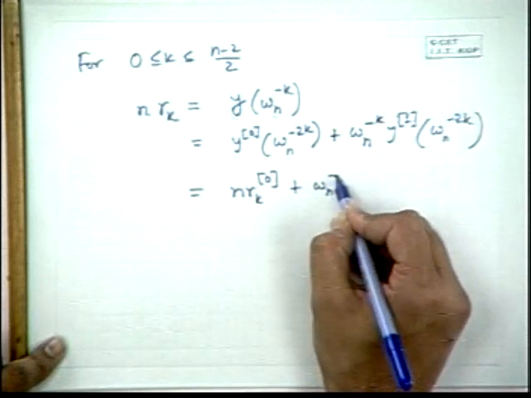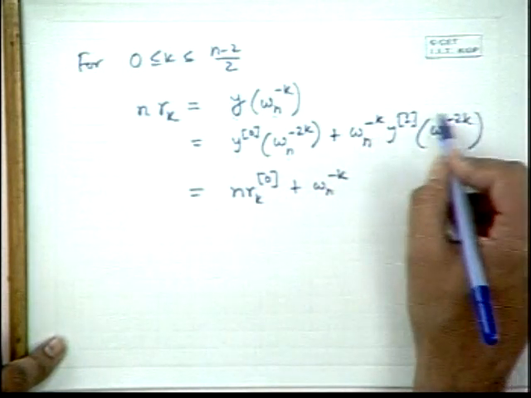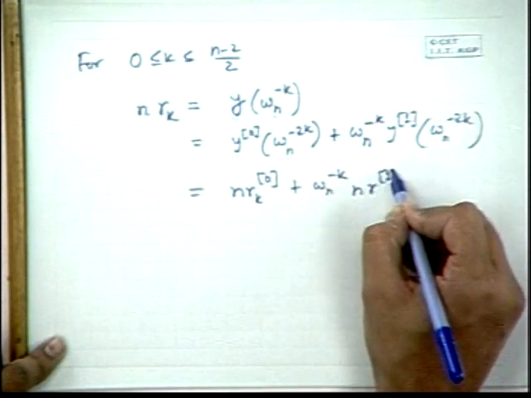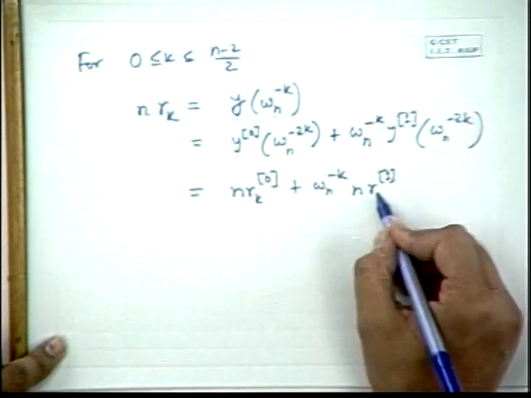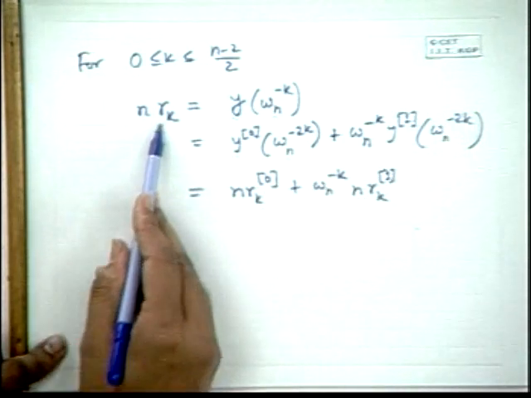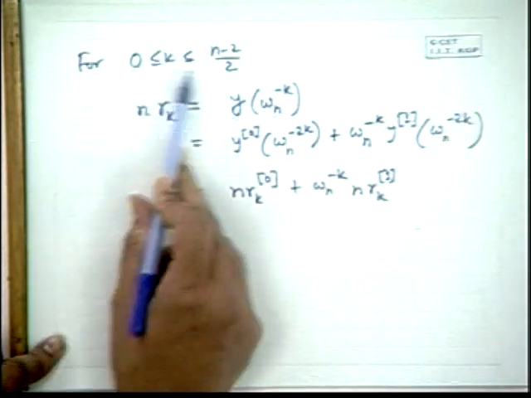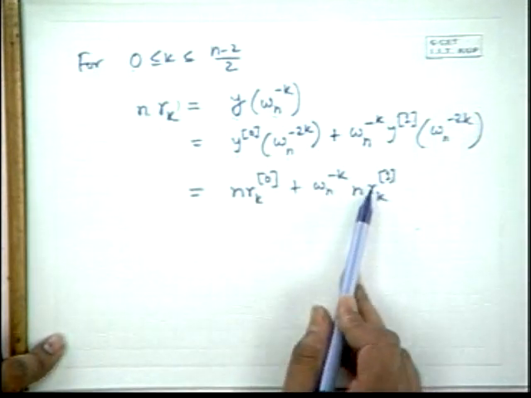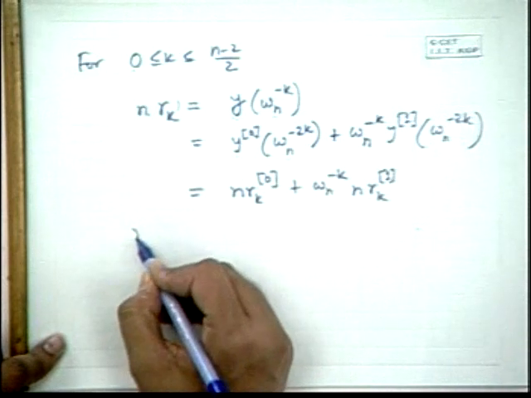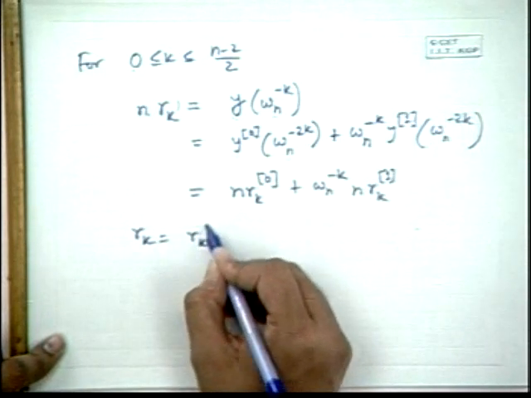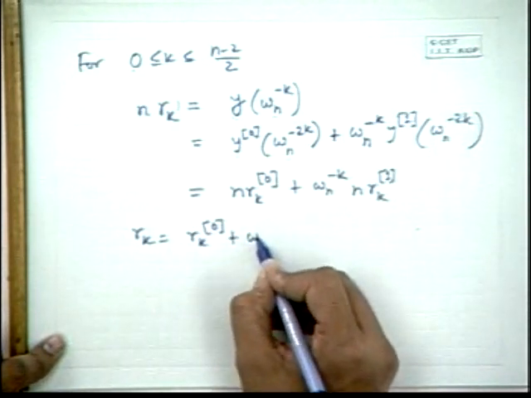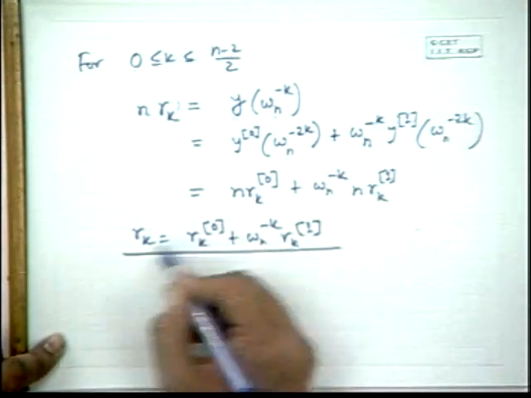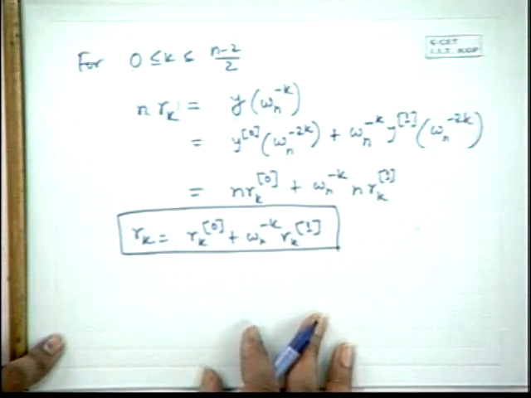This already we have seen is nothing but n R0(k) plus w to the power n minus k times n R1(k). So I can compute Rk from 0 to (n-2)/2, that is the first half of R, using this formula. The n goes out, so Rk is equal to R0(k) plus w to the power n minus k times R1(k). This is the formula for the first half of R.